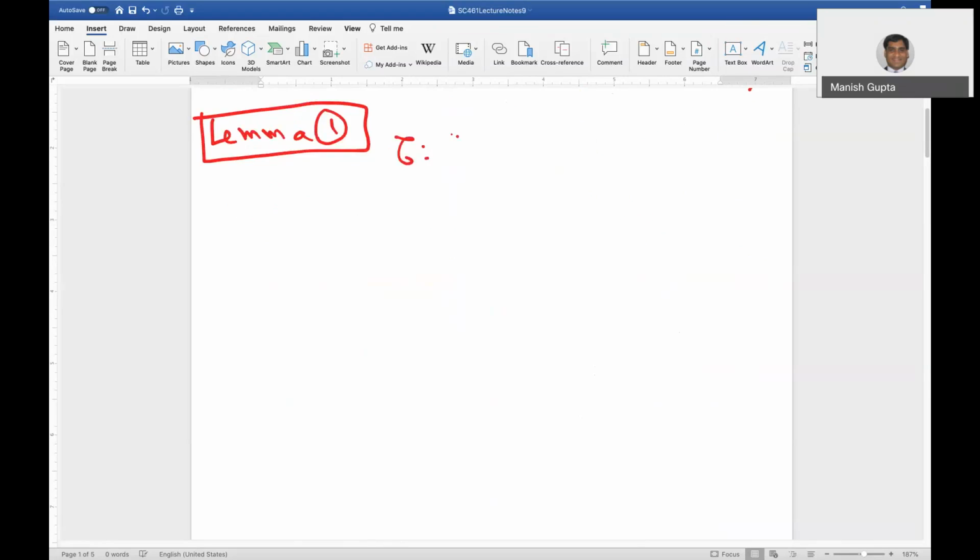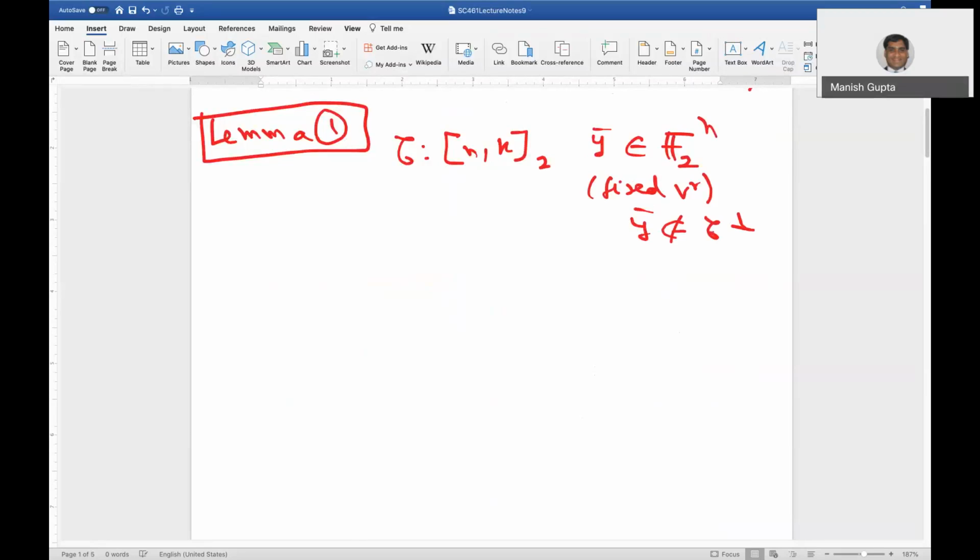Suppose C is your [n, k, 2] code and y is a fixed vector in F_2^n such that y does not belong to C-perp.